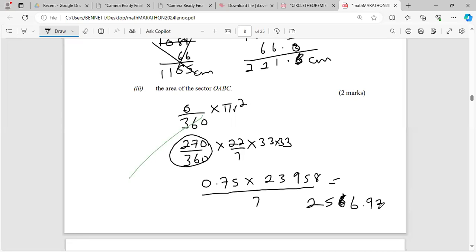So if I round to 1 decimal place, they didn't ask us that still. So we can just put it at 256.9. And you know that with area it will be centimeter squared instead of centimeter.